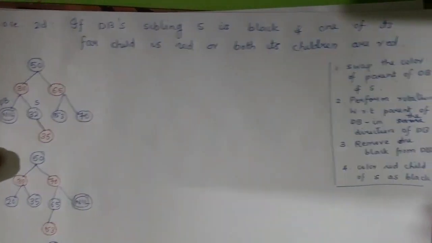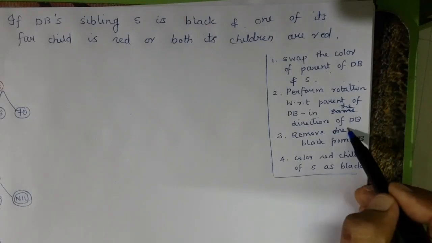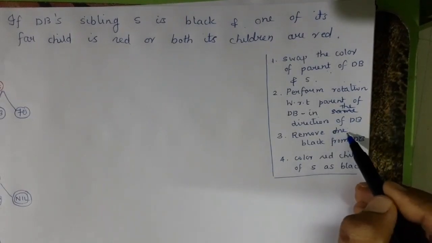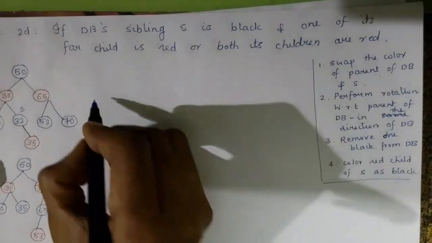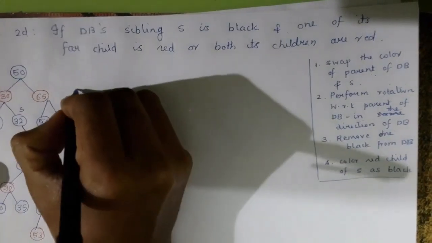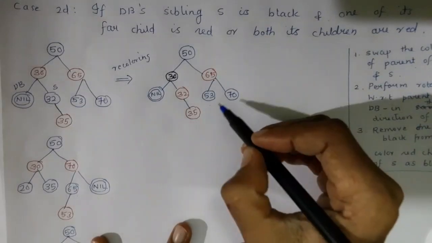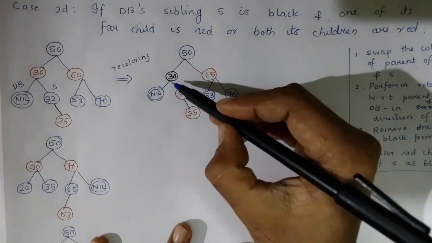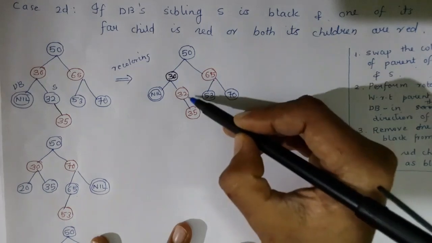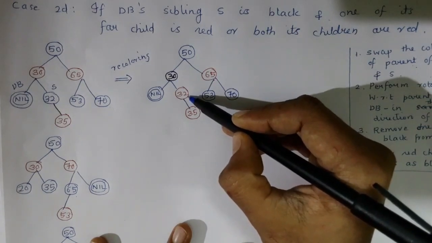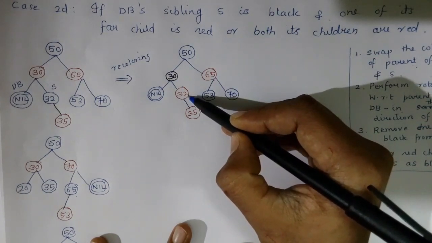Then perform rotation with respect to the parent of DB in the same direction as DB. So first we have to perform recoloring. After recoloring, our tree is like this: 30 is black and its child, the sibling node, becomes a red node.